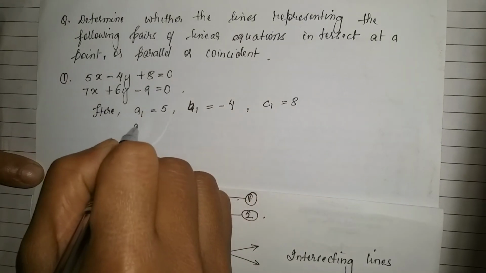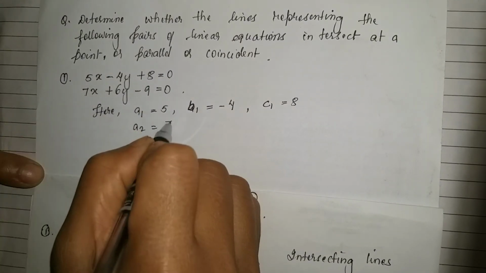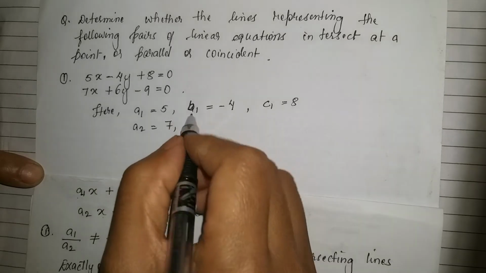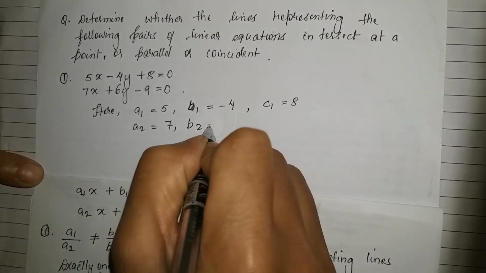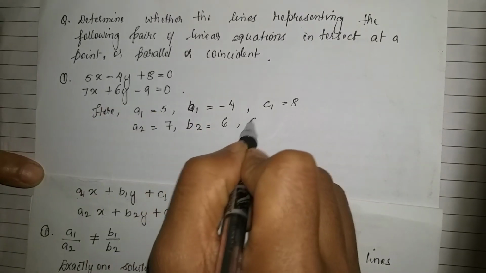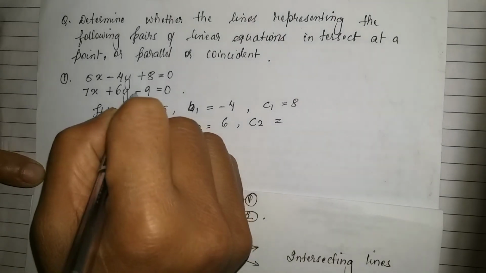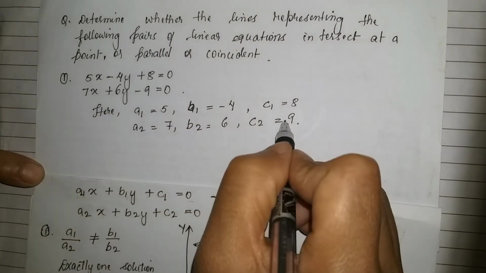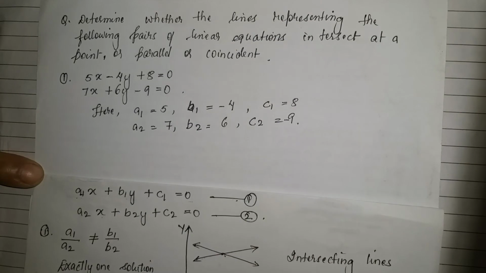Our a2 is equal to 7, our b2 is equal to 6, our c2 is equal to minus 9.